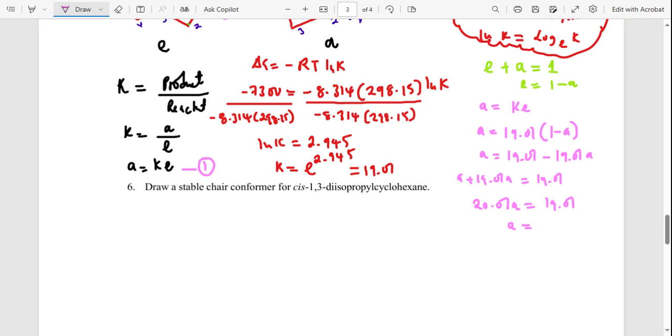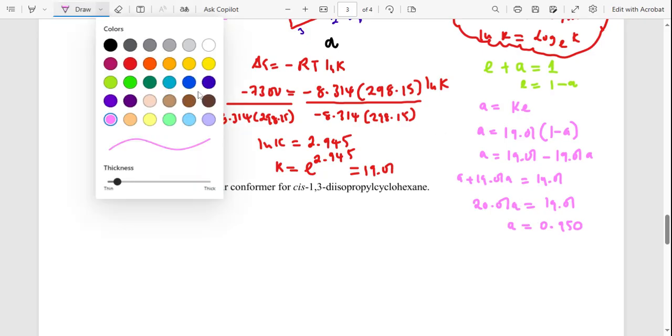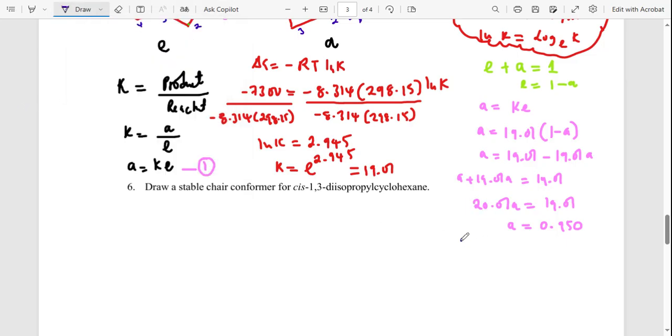19.01 divided by 20.01, that has given me 0.95. So if this is the amount of A, we can determine the amount of E. So therefore E is going to be 1 minus 0.95.